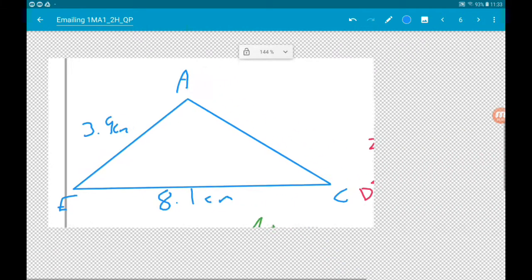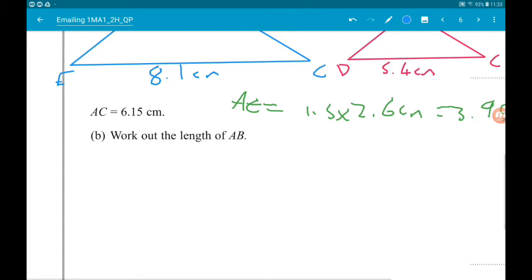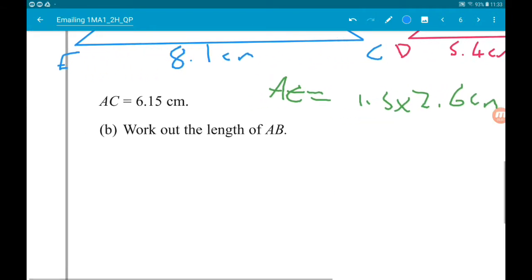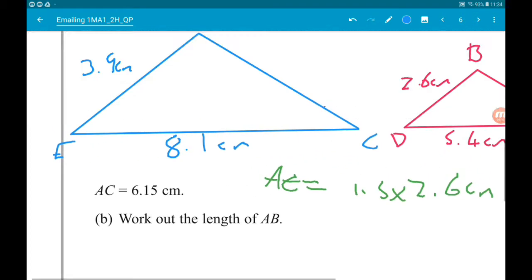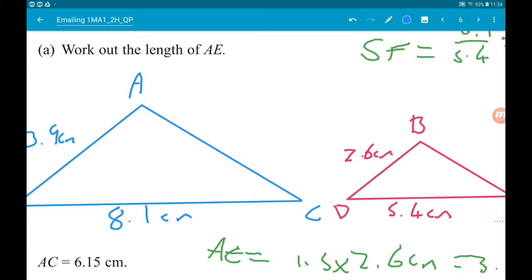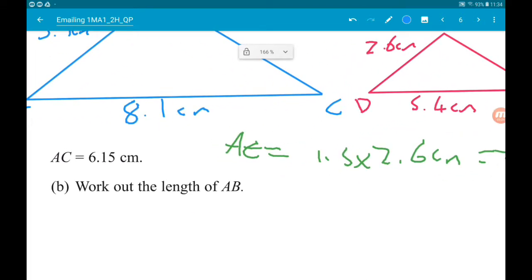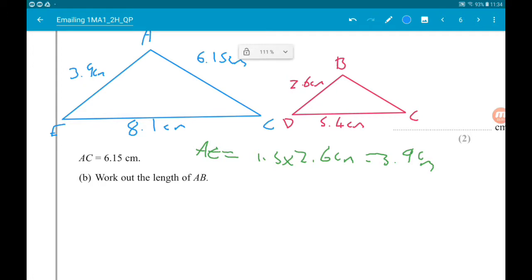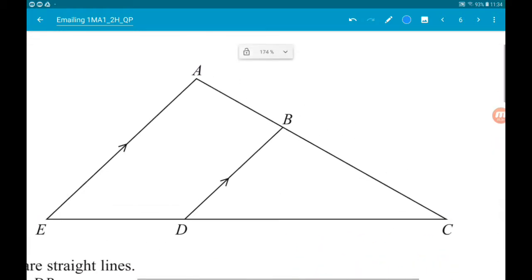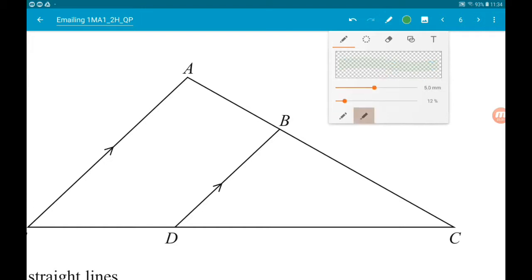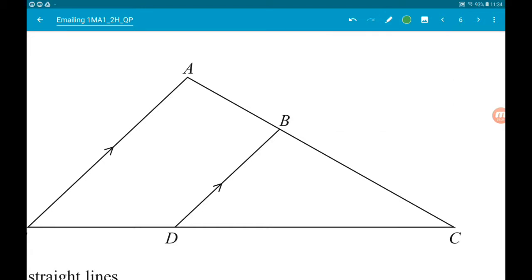Cool. Okay, then part B tells us that AC is 6.15 centimeters. So that's this length here. And we are asked to work out the length AB. Okay, so if we go back to the original diagram, what we want is this length here.